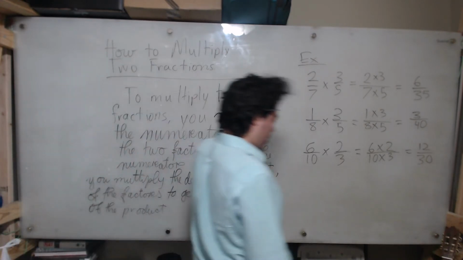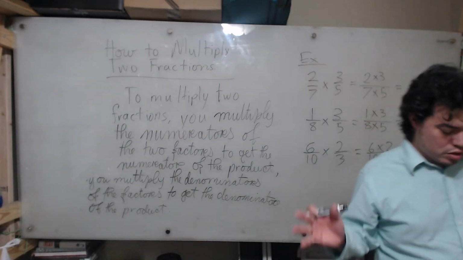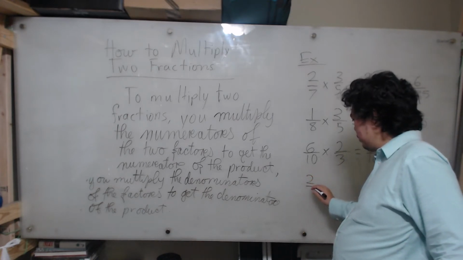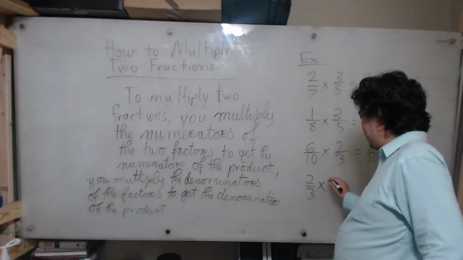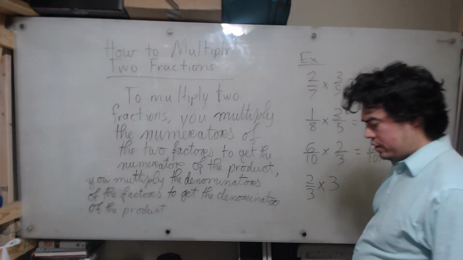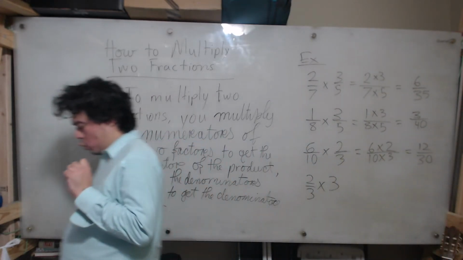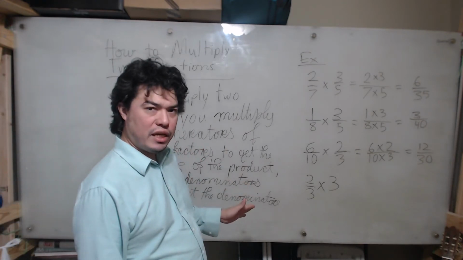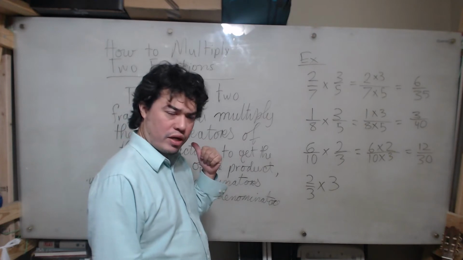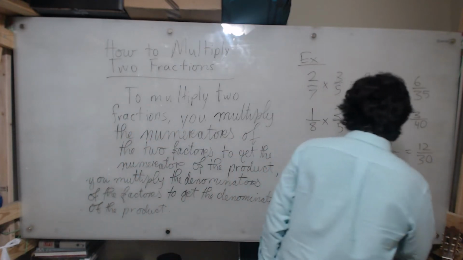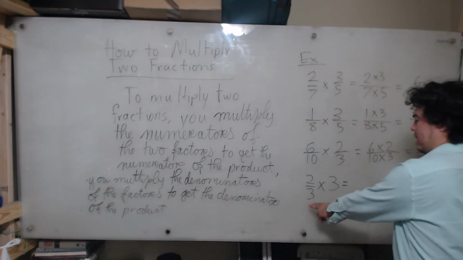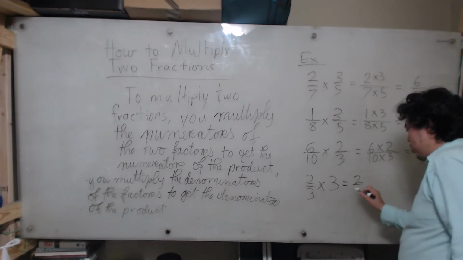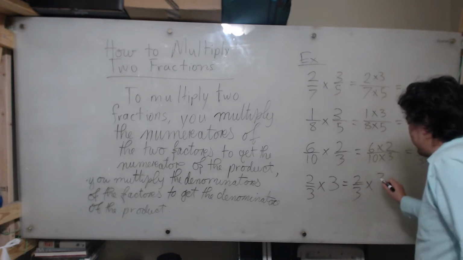Okay, so now I also want to give another example, and that is, what would be 2/3 times 3? This is interesting. Now, the reason why I'm going to show this example is because this example is going to let us see how we use some of the facts that we were given before. For example, in this case, I can multiply 2/3 times 3 as 2/3 times 3/1.